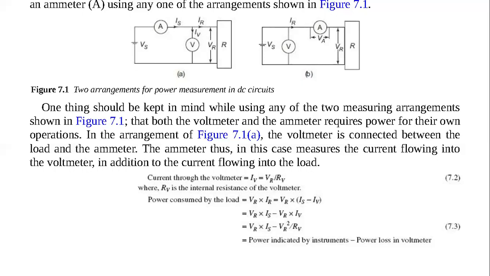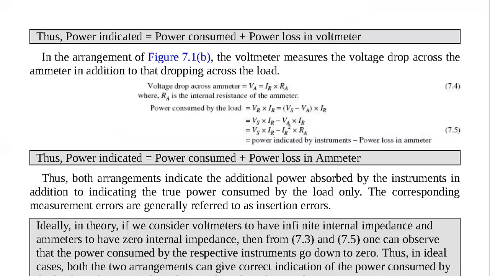Remember, our instruments here being the voltmeter and the ammeter, these are mechanical instruments, these are not digital instruments. Therefore, the nature of this type of instrument is that there will be power losses. And that is the explanation according to figure 7.1a.